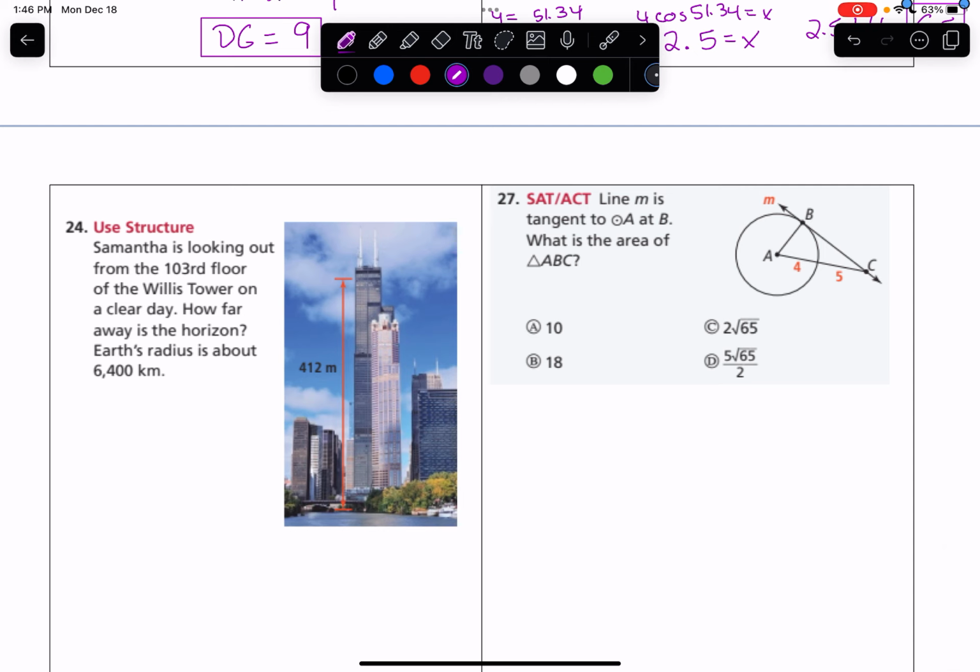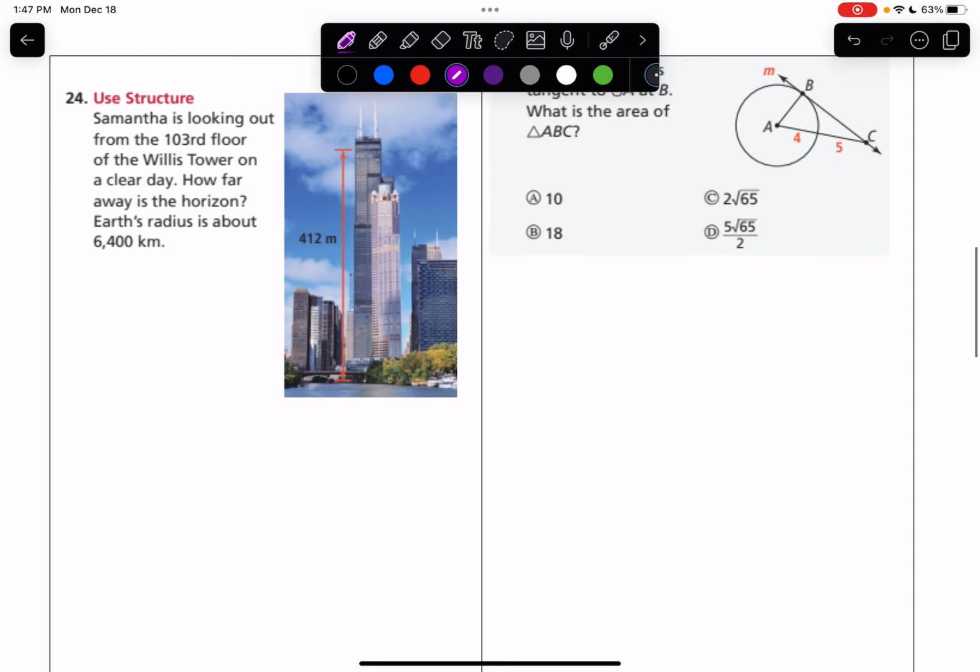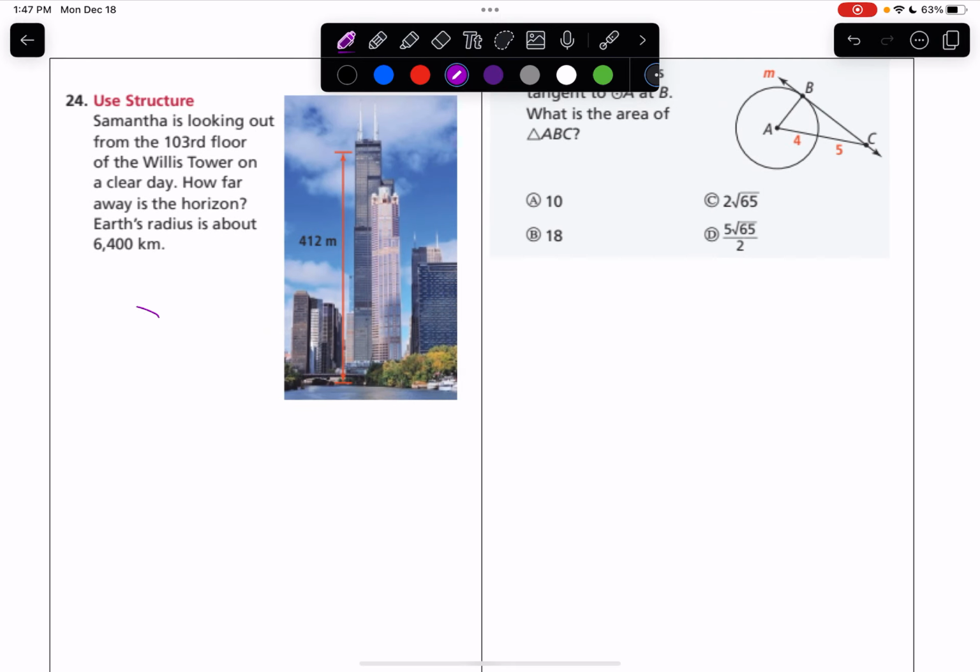Number 24, Samantha is looking out from the 103rd floor of the Willis Tower on a clear day. How far away is the horizon? Earth's radius is about 6,400 kilometers. Let's draw Earth because we're going to need it here. So we've got the radius of the Earth, that's 6,400 kilometers.